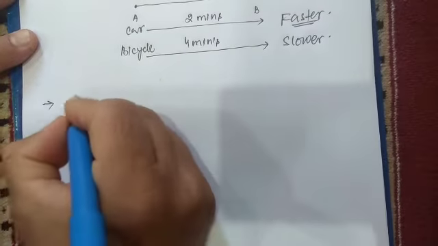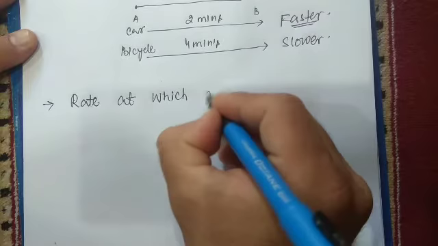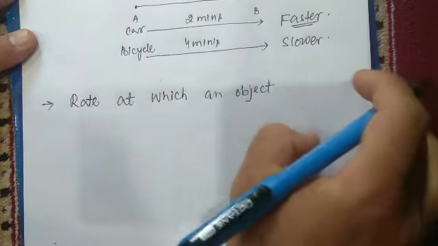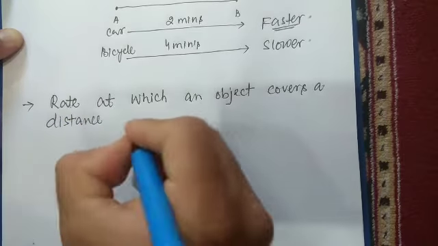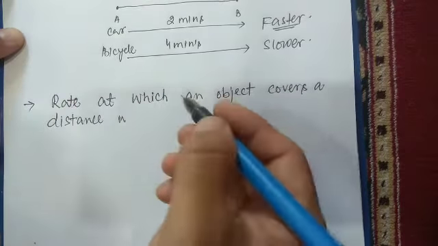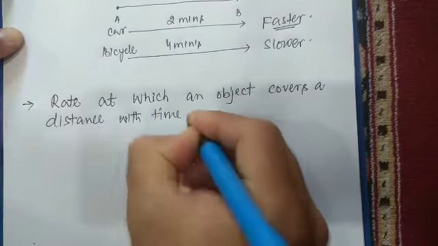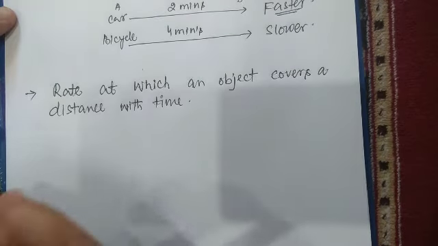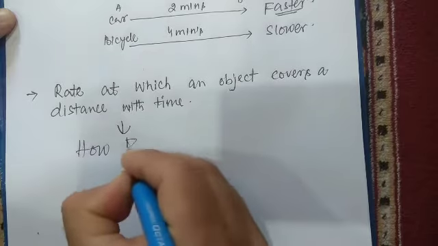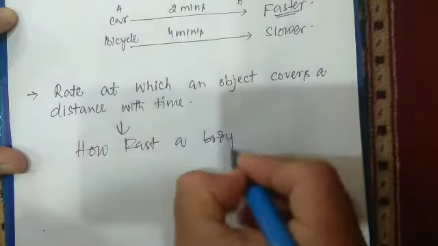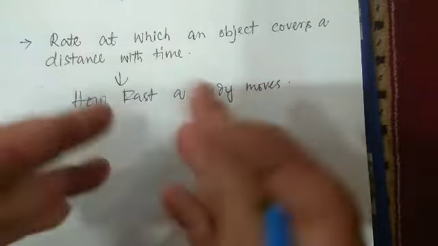Speed is the rate at which an object covers a distance with time. It tells us how fast a body moves.